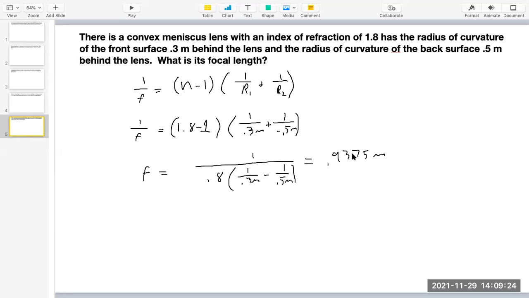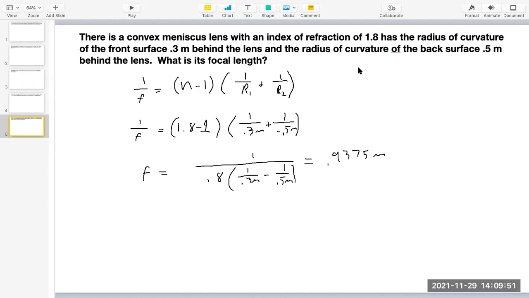Question: on choosing which one to put as R1 and which one as R2, did you choose front and back as the cues for that? I did. And if you did it the other way around, you'd be fine as long as you stuck with the convention of convex positive, concave negative.